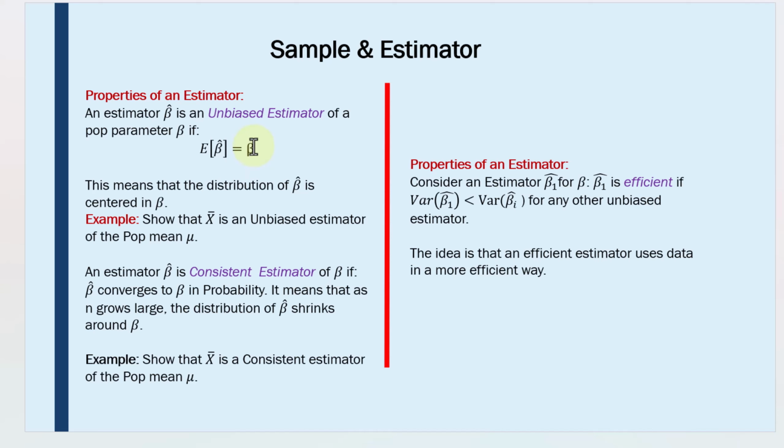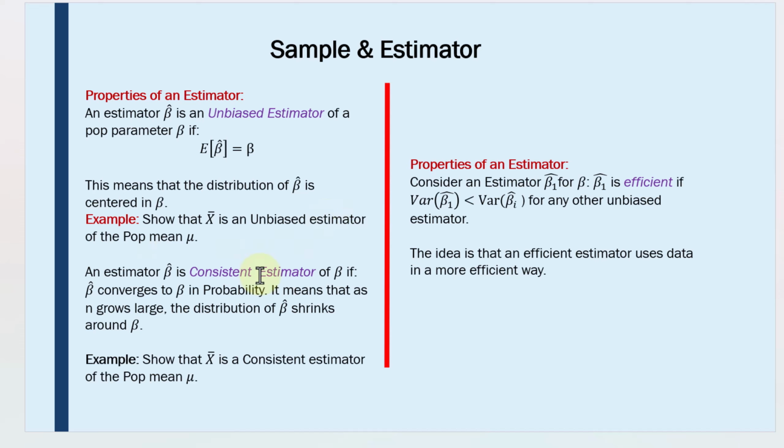That means in the distribution, the center of the distribution is coinciding with the unknown population parameter. Remember that expectation is nothing but the mean, and the mean is nothing but the center of the distribution. For example, we can show that x bar is an unbiased estimator of the population mean, mu.